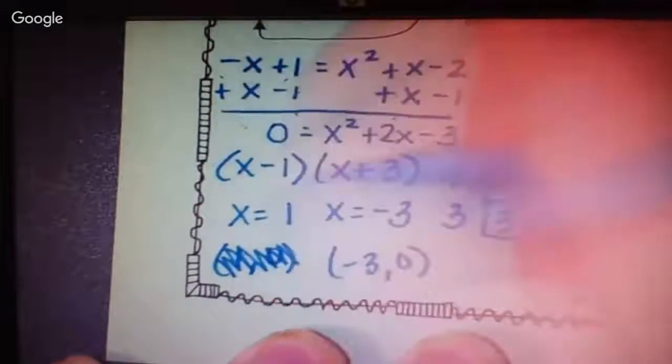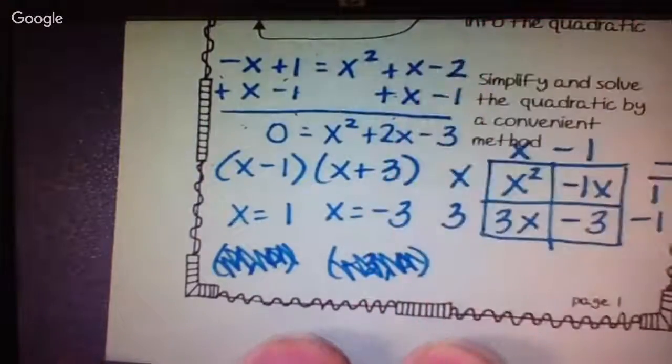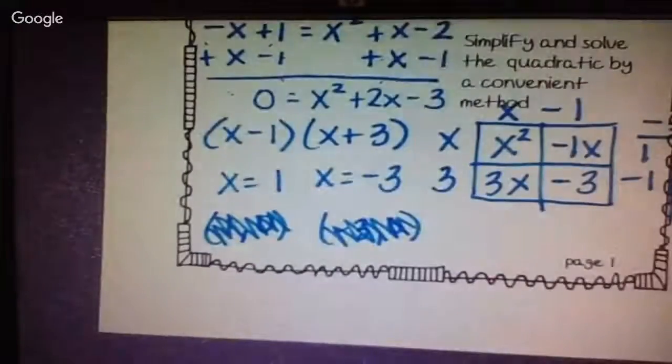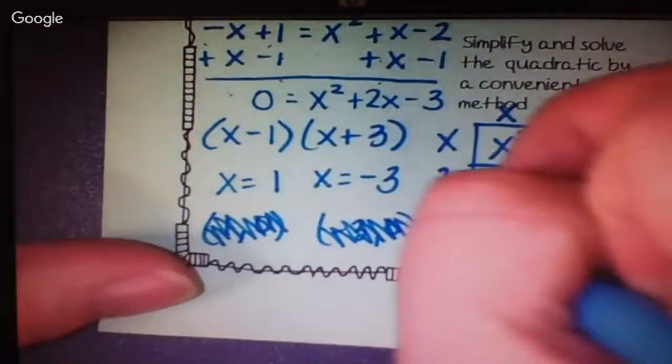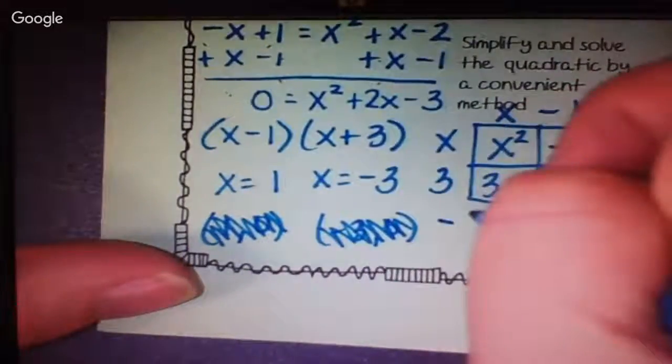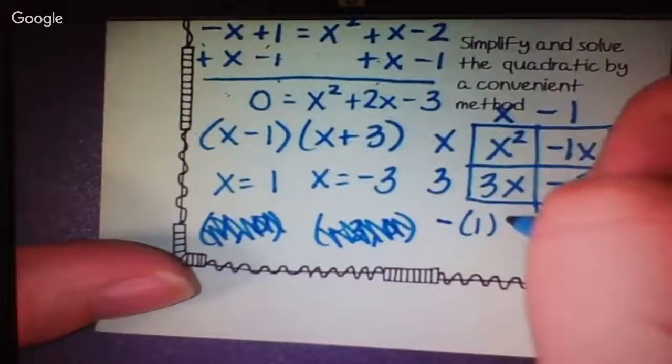So, these are wrong. Your 1, 0, -3, or 0 is wrong. When I get x equals 1 and x equals -3, you then have to take those values and plug them into one of your equations to get the actual points where they cross. So I'm going to use -x plus 1.